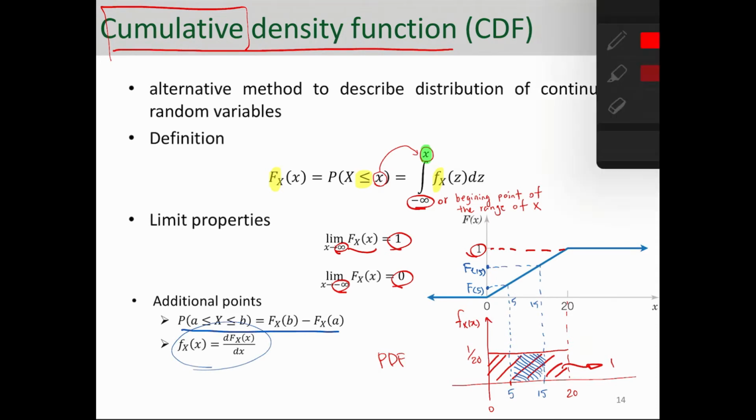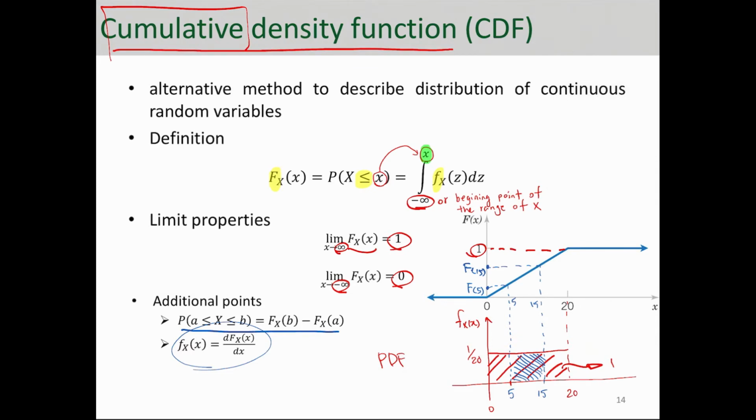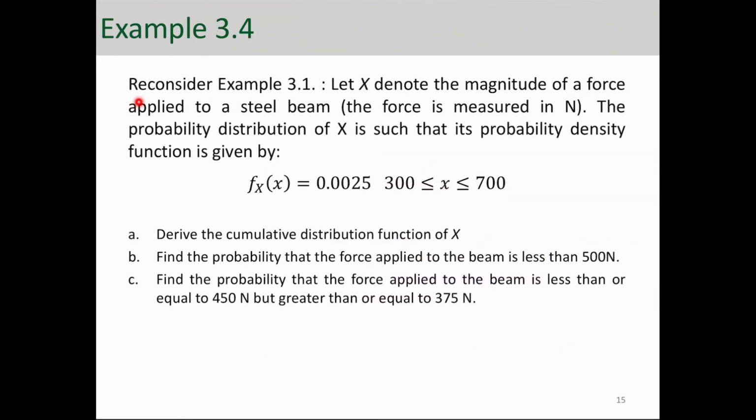Let's take a look at one example to make this a little clearer. It says reconsider example 3.1, where we have this PDF function, and let x denote the magnitude of a force applied to a steel beam, measured in Newtons. The probability distribution of x is such that its PDF is a uniform function between 300 and 700.